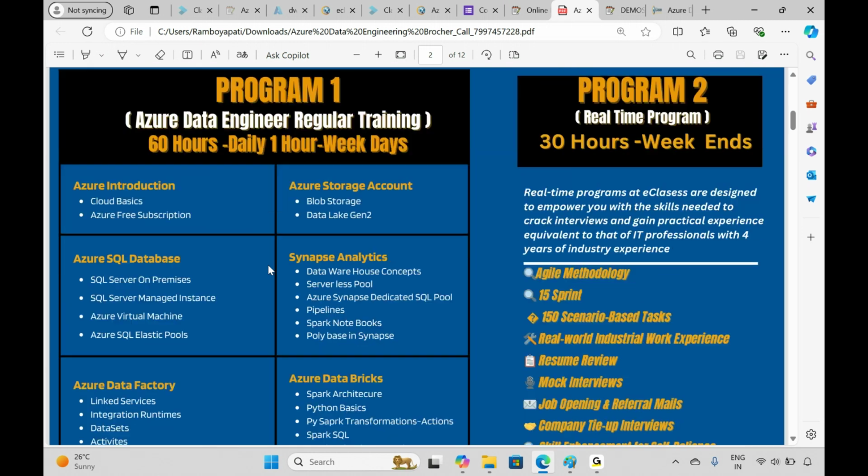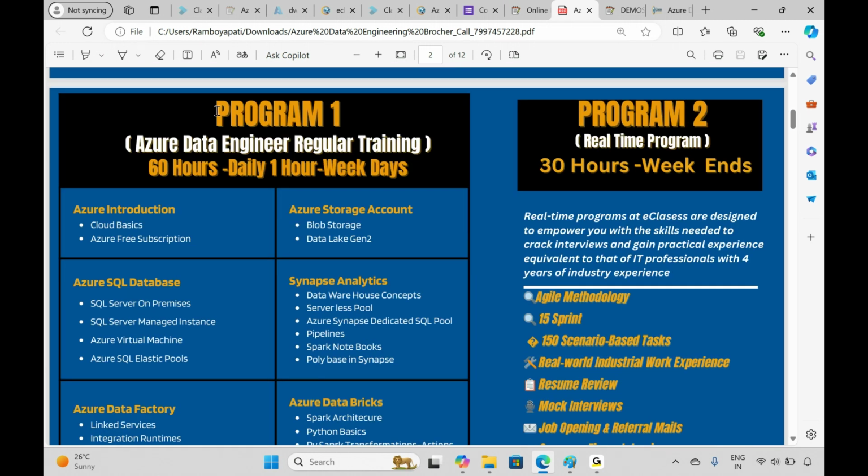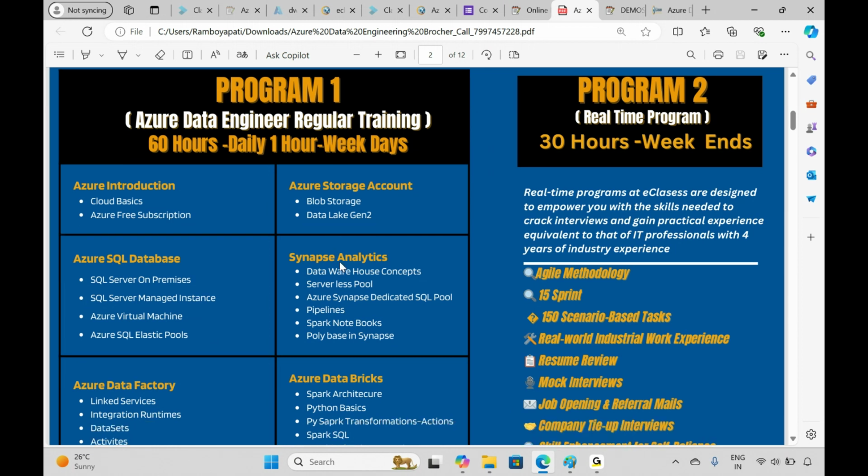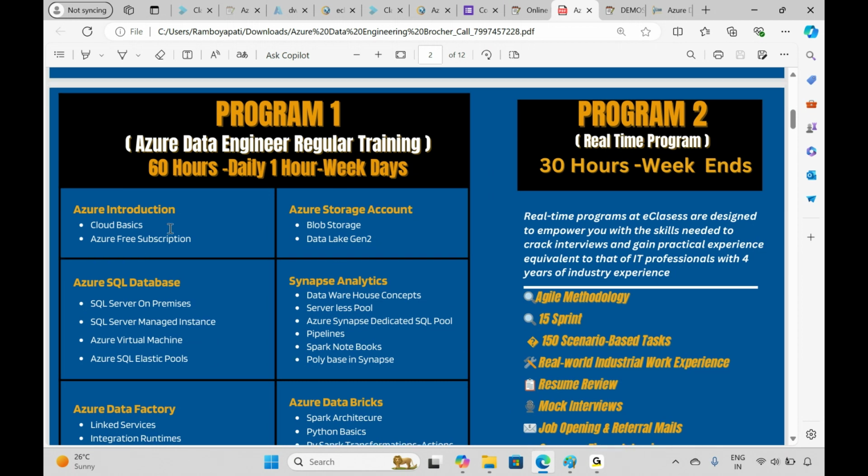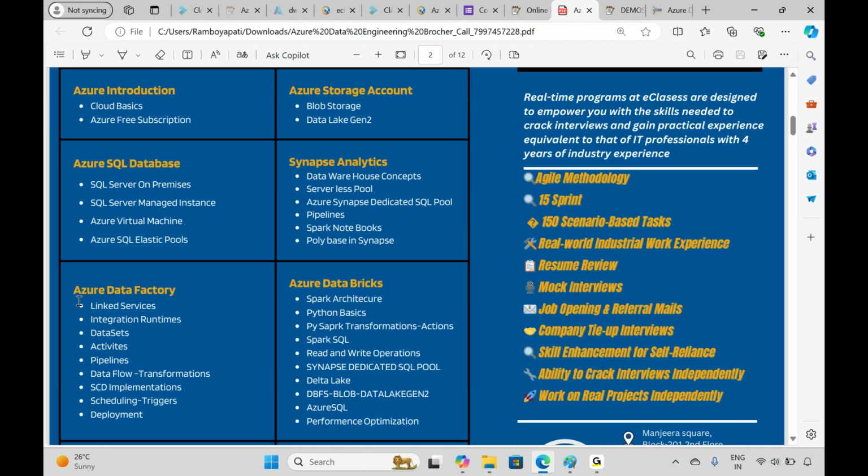Every institution is offering this Program 1. With it, you will get a clear picture of Azure data engineering technology and all the services. Also, please verify their course content. Everyone will put a heading, and it's very simple to put the heading of Azure Data Factory.